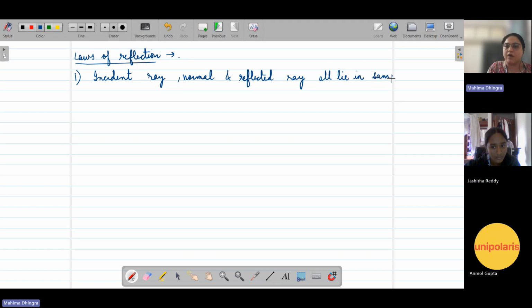Now, what does it mean? For example, consider this as a plane, a polished surface. Light is incident like this. This is the normal and this is the reflected ray. All of these three are in a plane perpendicular to the surface.